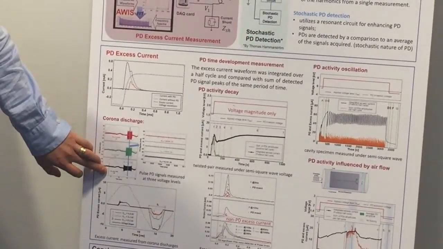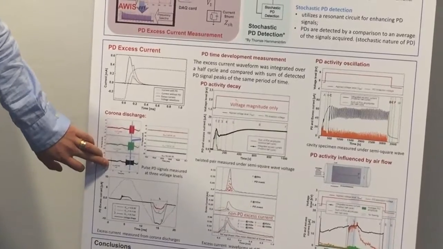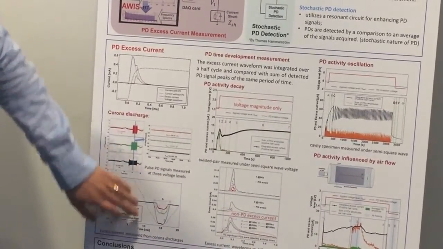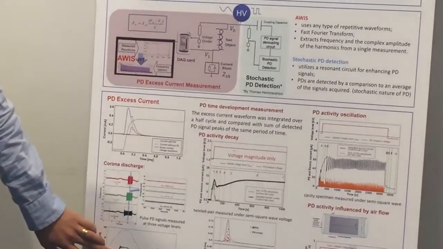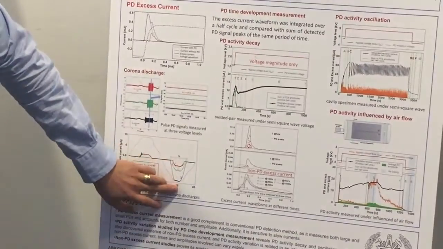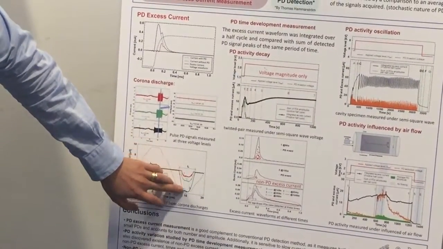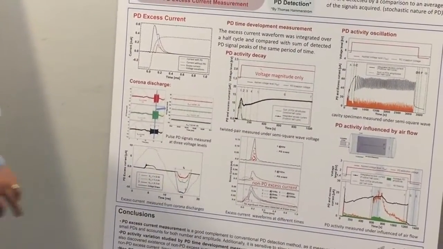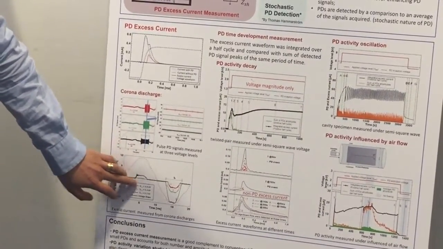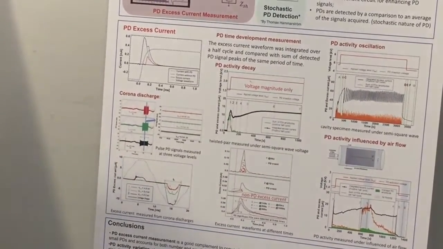If we compare it with our new method of excess current measurement, as the voltage increases, we can see the current increased in the negative half cycle. Also, the discharge current starts to appear from the positive half cycle.